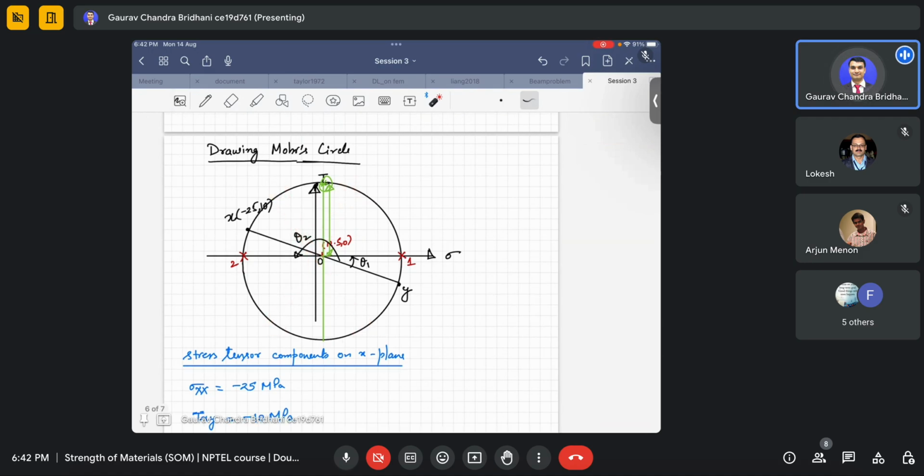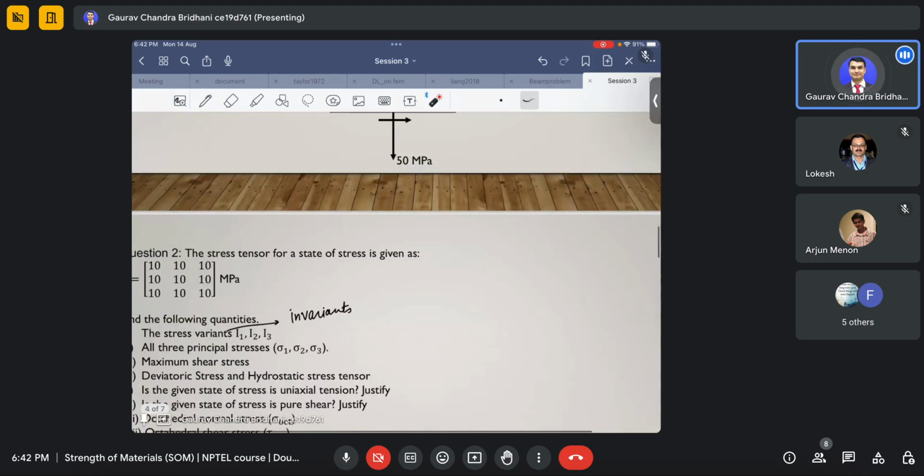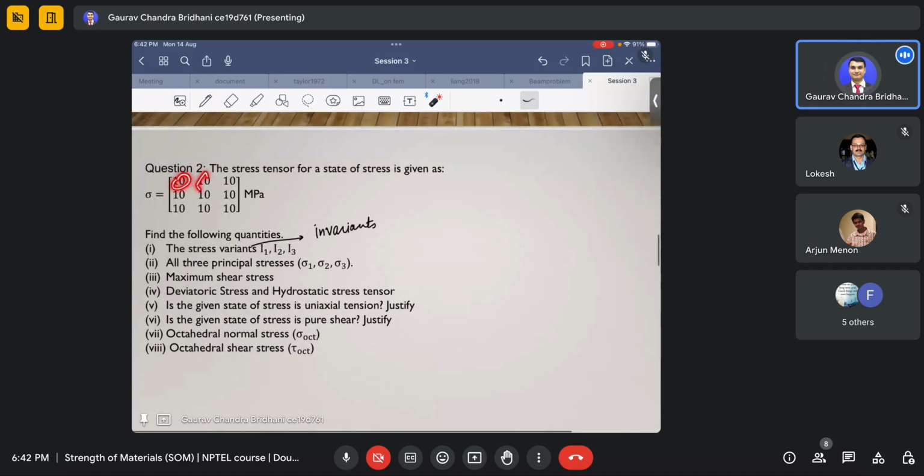With this change of plane, the components of the stress tensor will always come out different. These components will keep on changing as we rotate the plane. But as you know, the circle is not going to change, the center of the circle is not going to change, the radius of the circle is not going to change.